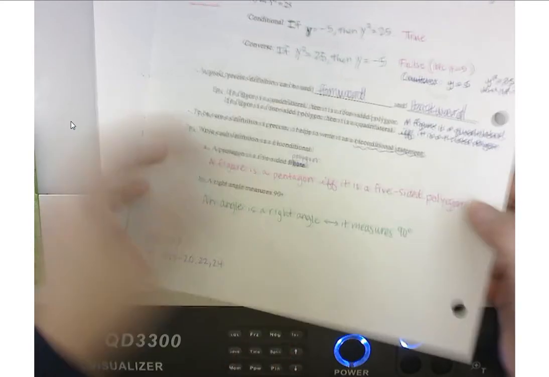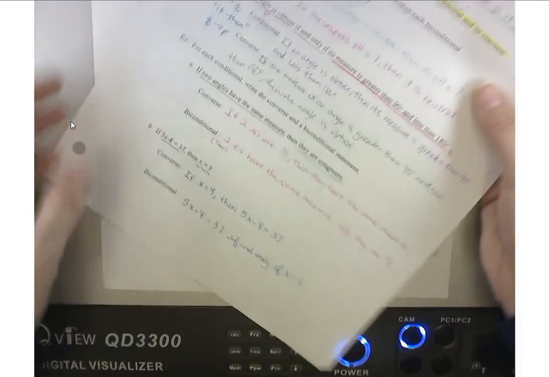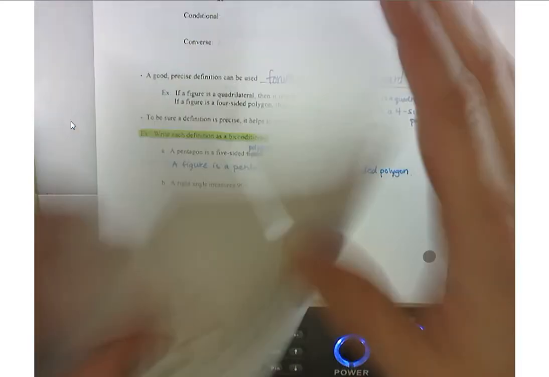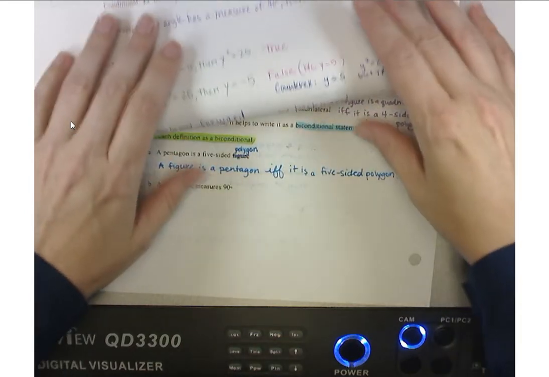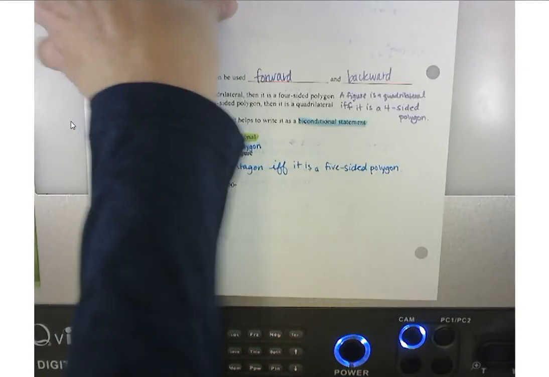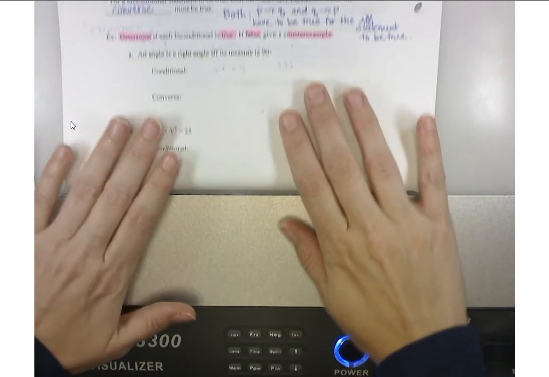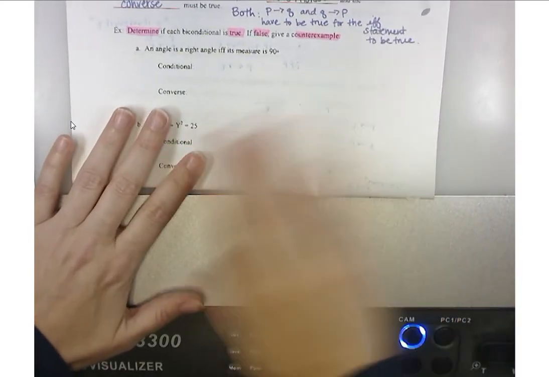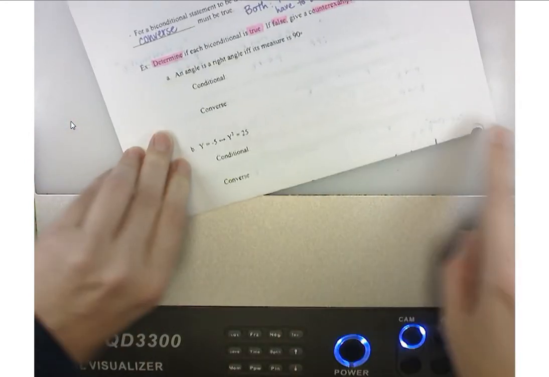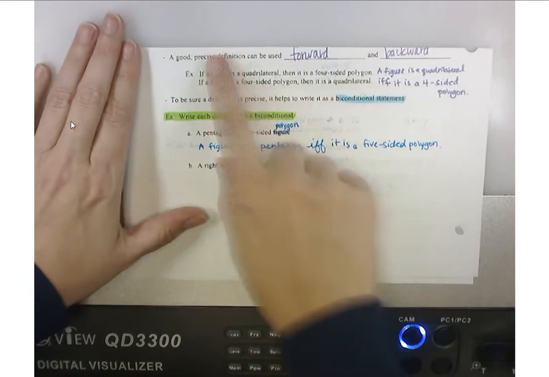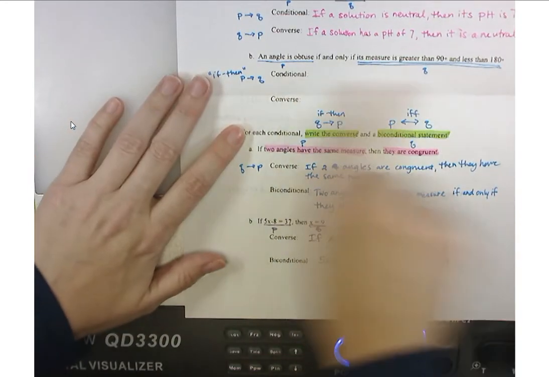When you fold it, you want to be able to read what is happening here. So I'm just going to fold after part B, so this is on the bottom, and then it folds right here.